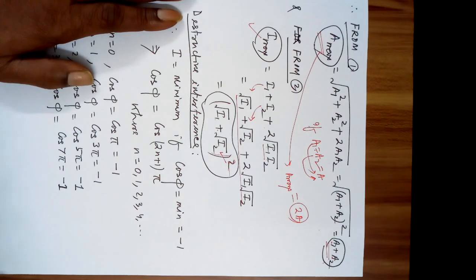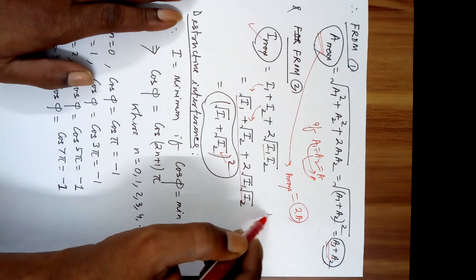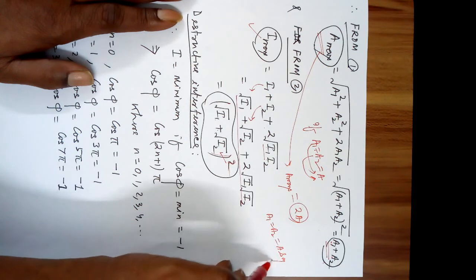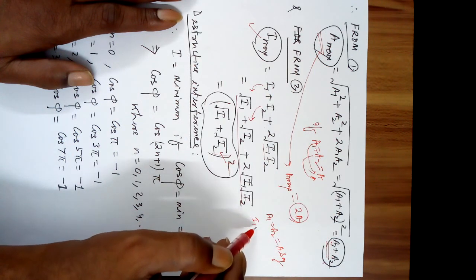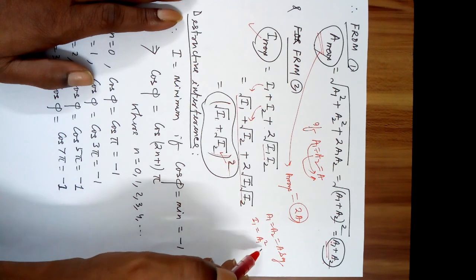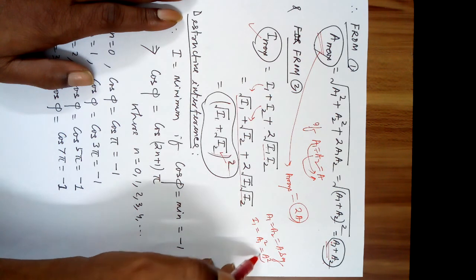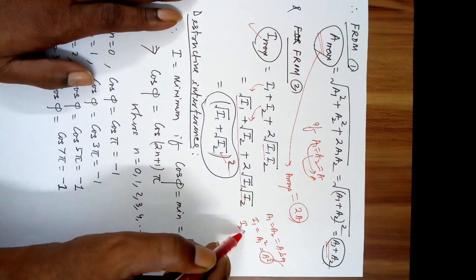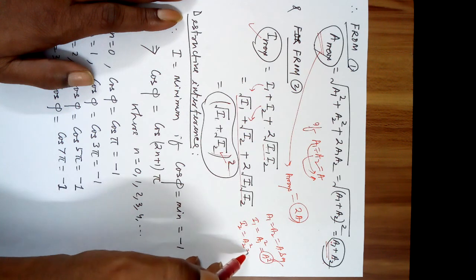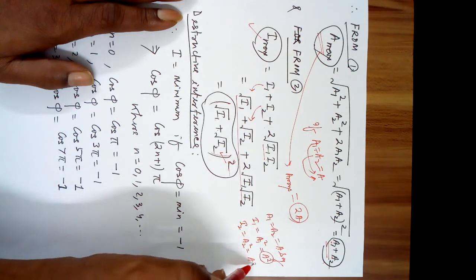Now again, if amplitudes are equal, if A1 is equal to A2 is equal to A, suppose, then your I1 is equal to square of A1, but now A1 is A, so square of A is equal to A square. Similarly, your I2, which was equal to square of the A2, will be, now A2 is also equal to A, so is also equal to A square.